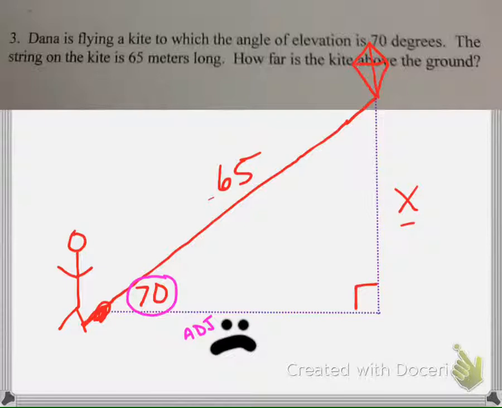That's about as basic as I can make the explanation. Find the side that you don't care about and pick the trig function that also doesn't care about it. Sine. When you take the sine of something, you're taking the sine of an angle. The sine of the angle is opposite, x, over hypotenuse, 65.